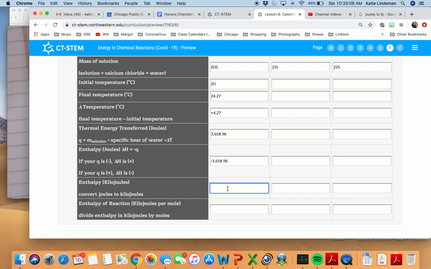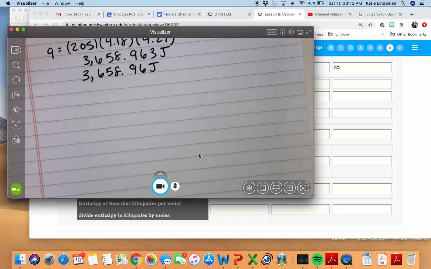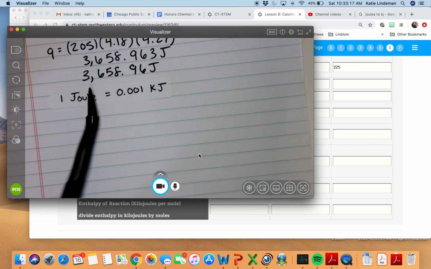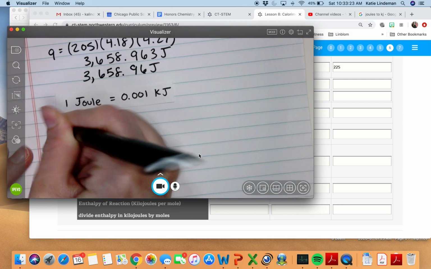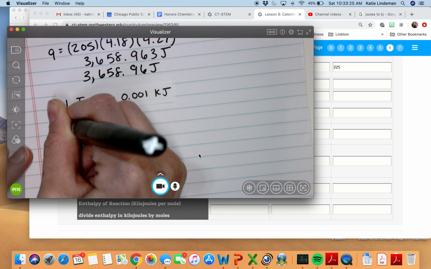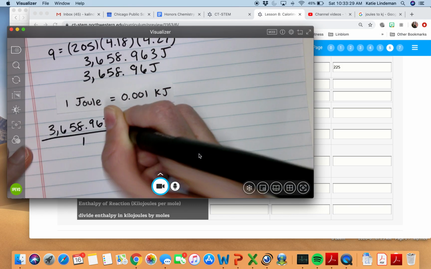The next one is asking us to convert from joules to kilojoules. Okay, so coming back over here, the conversion between joules and kilojoules is just this, okay? So what I want to do is I'm going to rewrite my joules, so 3,658.96 joules over 1.